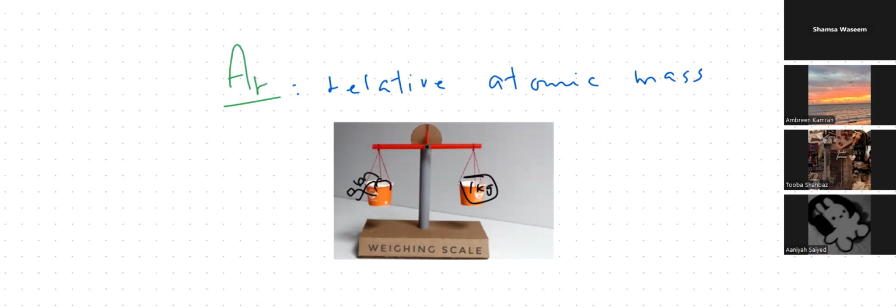So if I place carbon 12 here, right? What is meant by carbon 12? The carbon isotope having mass number 12. I'm going to keep carbon 12 over here. How are you going to measure this?